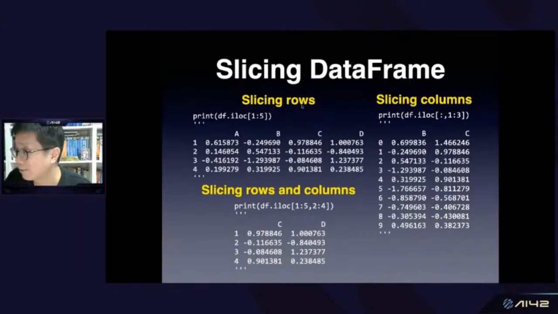So you can slice rows, you can slice columns. You can also slice rows and columns at the same time. So I can slice rows 1 to 5 and columns 2:4. So I can slice either way: rows, columns, or both rows and columns.